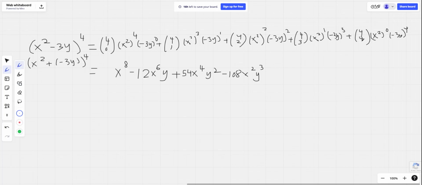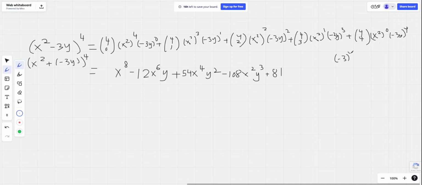And now finally, 4 choose 4. Anything choose itself is also just 1, because that's just saying how many ways can you choose everything from a set, and there's only one way of doing that, obviously. So 4 choose 4 is 1, x squared to the 0 is 1, and negative 3y to the 4th, negative 3 all to the 4th power, is positive 81, because a negative to an even power is positive.